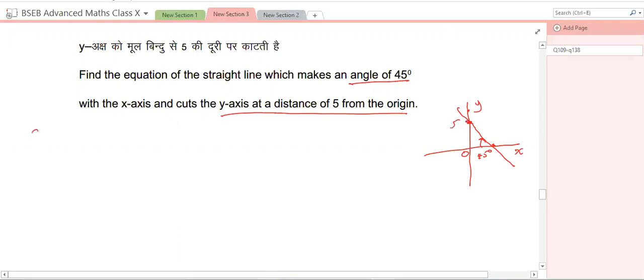So solution, y is equal to mx plus c. Remember, c is equal to 5 already. M, the gradient, is equal to, see this inside angle is 45 degrees, so you can say tan of, but it is downward sloping.